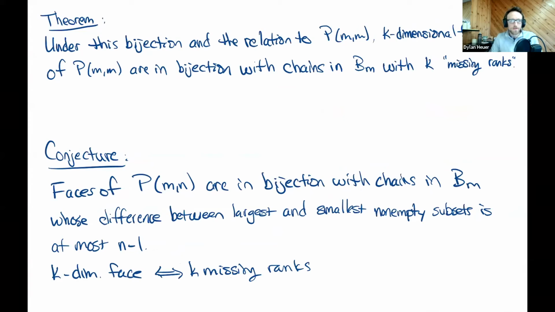And so we can get k-dimensional faces lining up with chains with k missing ranks, which I won't really get into what that means.